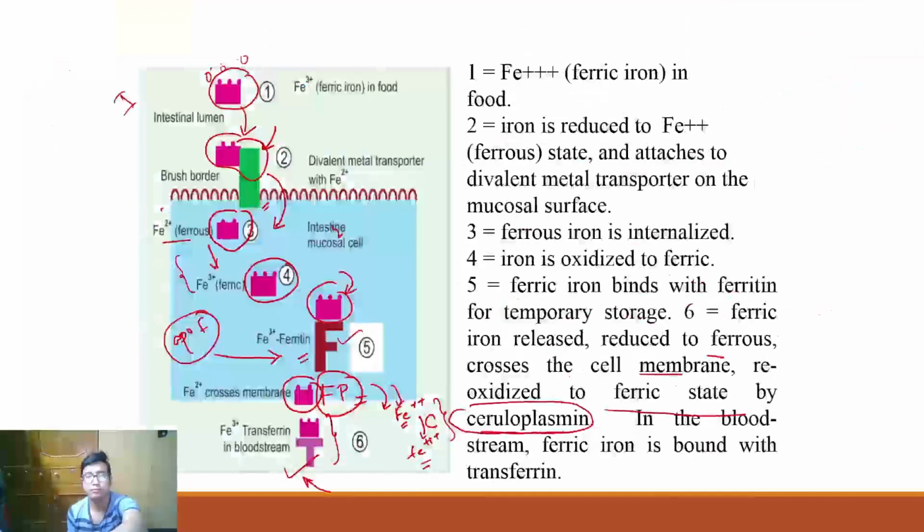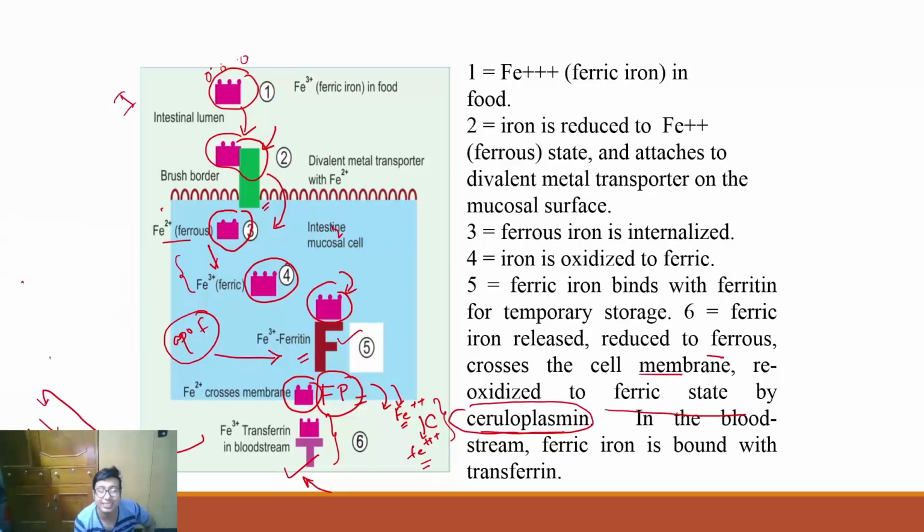Why? When there is iron deficiency, meaning iron in the body is low, we are asking transferrin to deliver iron to the body.